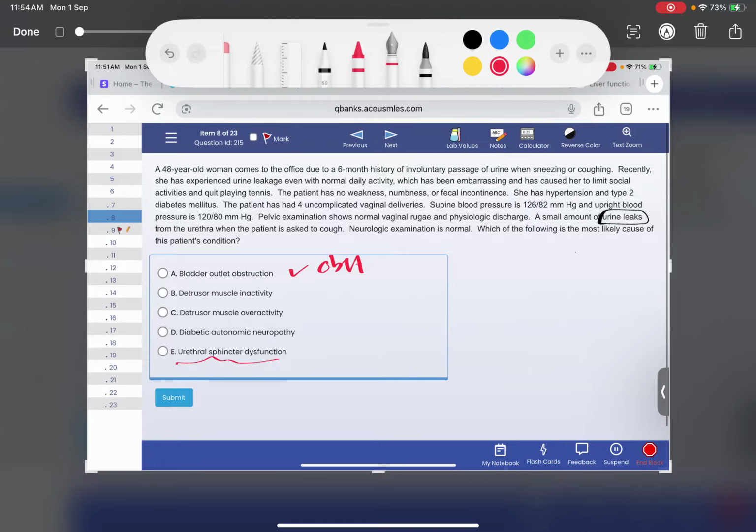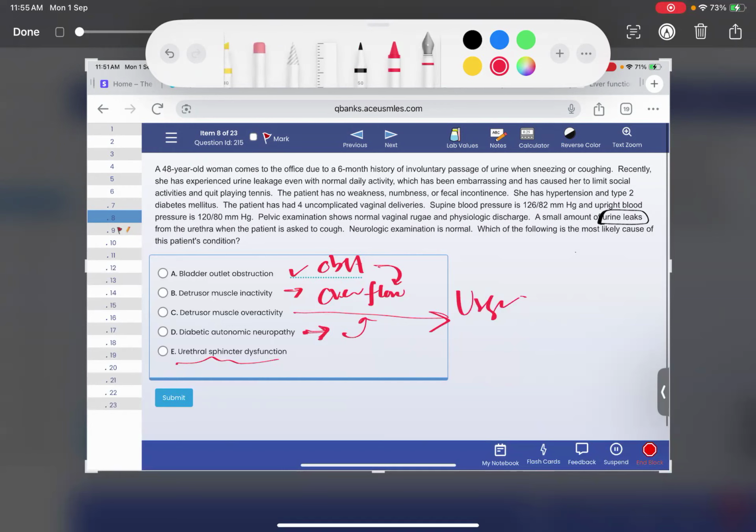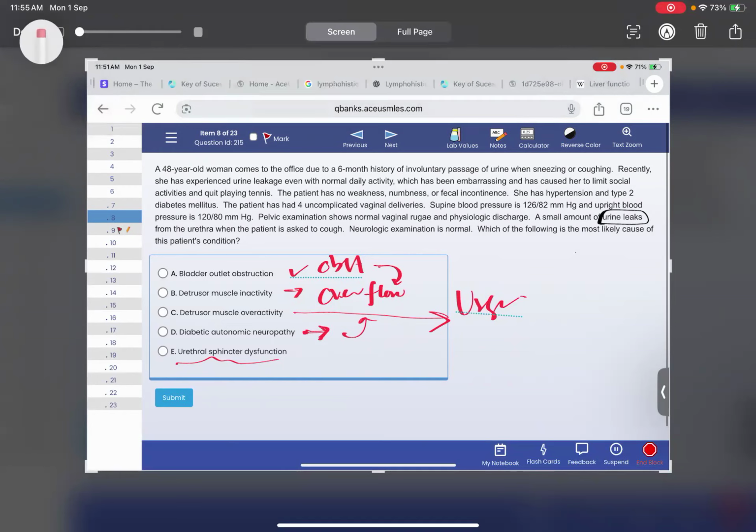What about detrusor inactivity? It can lead to overflow incontinence. Diabetic neuropathy will also cause overflow, and detrusor overactivity is urge incontinence. So this is a simple concept.